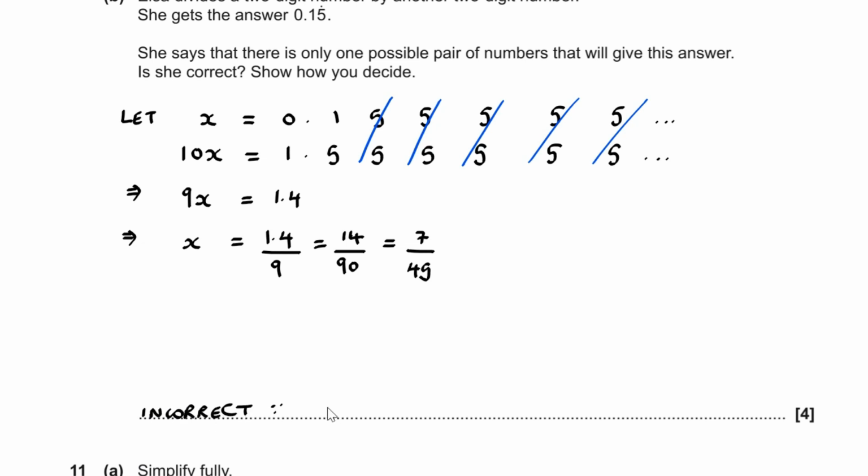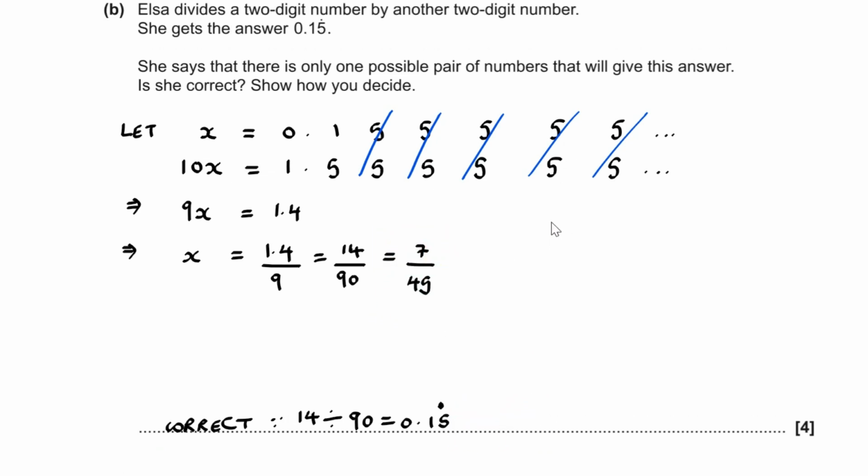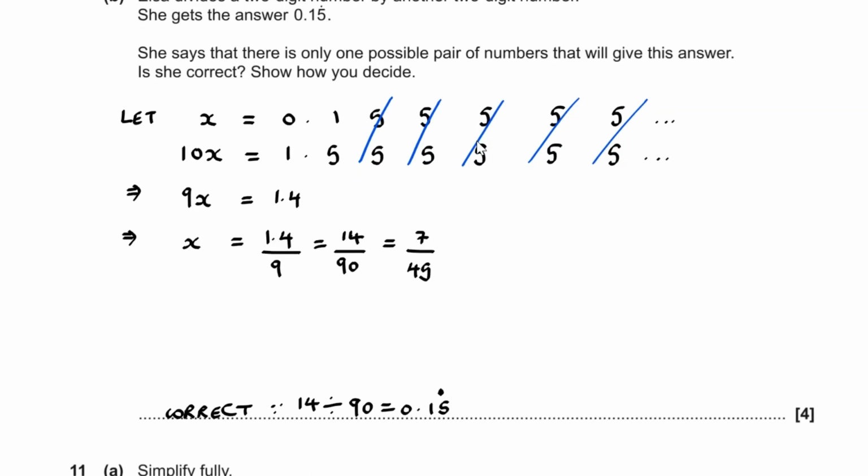And that's because 14 divided by 90 gives us 0.15 recurring. What she said over here is we have a 2-digit number.